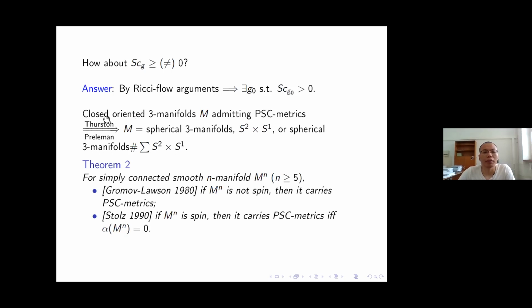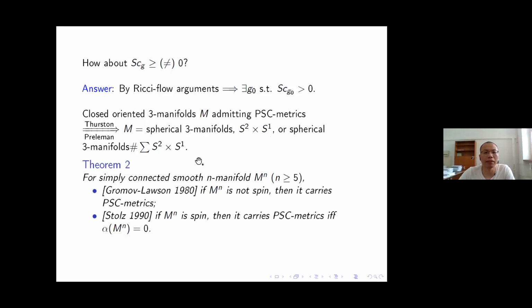For closed oriented three-manifolds, if they admit a PSC metric, then by Thurston and Perelman's results, the manifold must be a spherical three-manifold, S2 cross S1, or a connected sum of these.